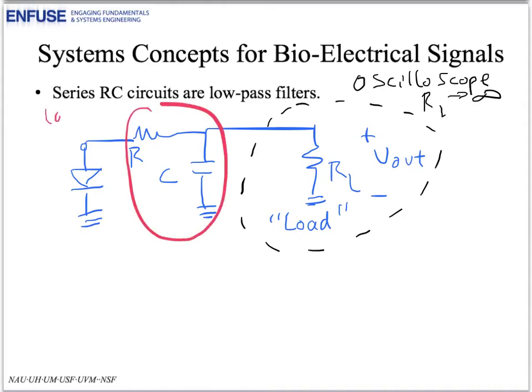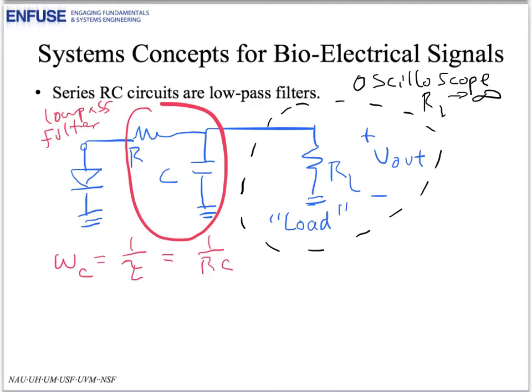And the cutoff frequency for our filter, so this is our low pass filter, has a cutoff frequency omega sub c, which is equal to 1 over the time constant tau, or 1 over the RC product.